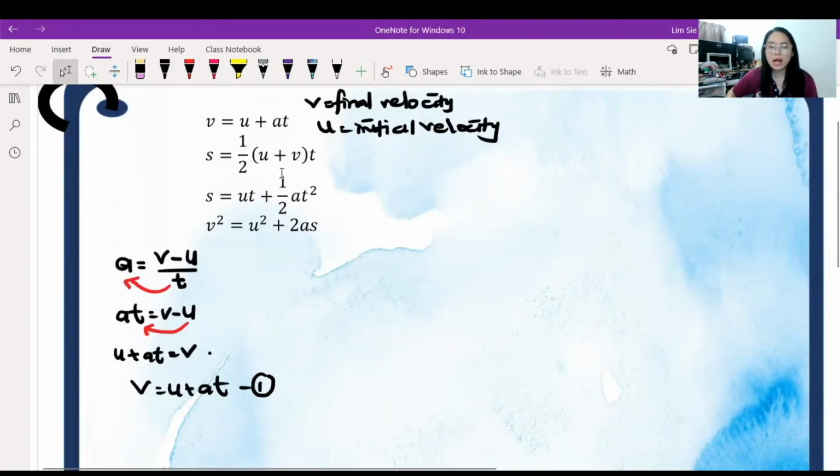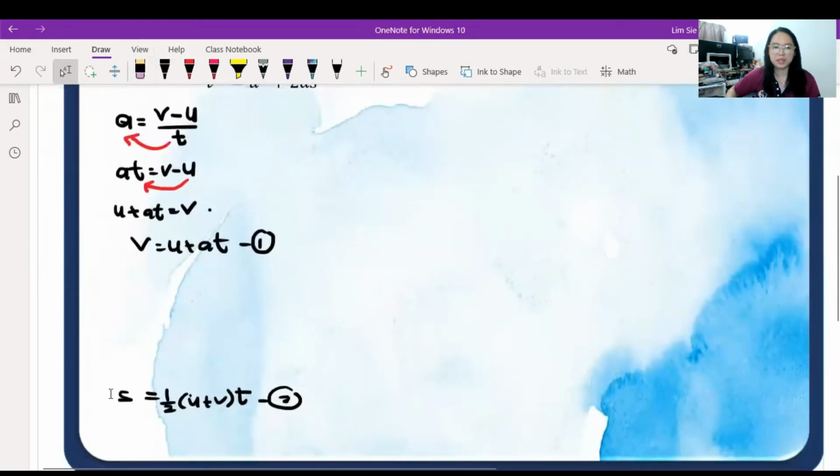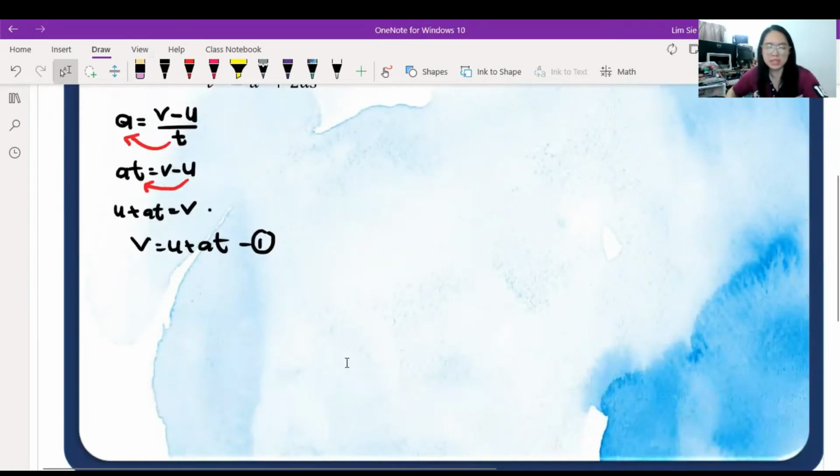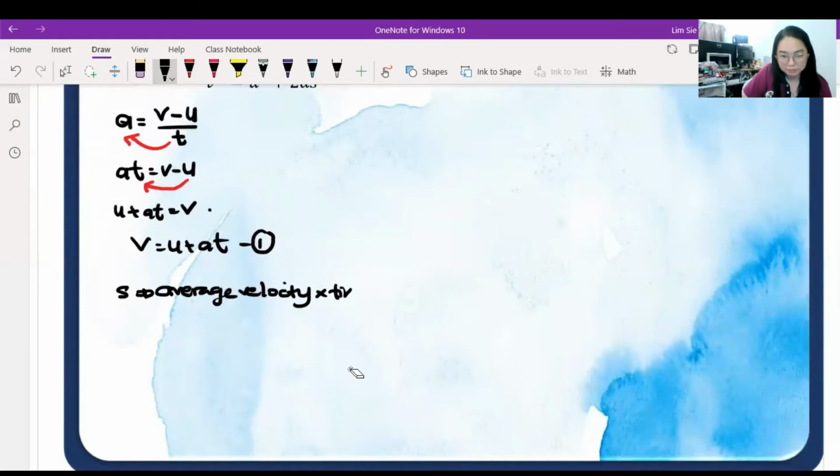Next one, I'll derive how I get S is equal to 1 over 2 (U plus V) multiplied with T. You learned in mathematics, how do you get displacement? Displacement S is the average velocity multiplied with time.